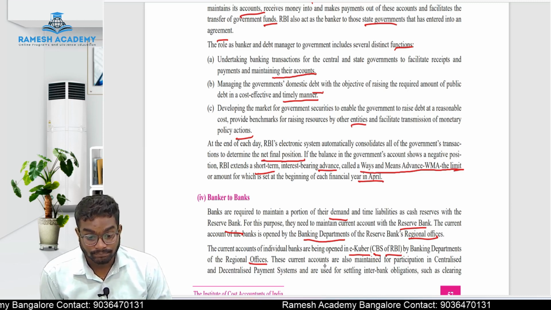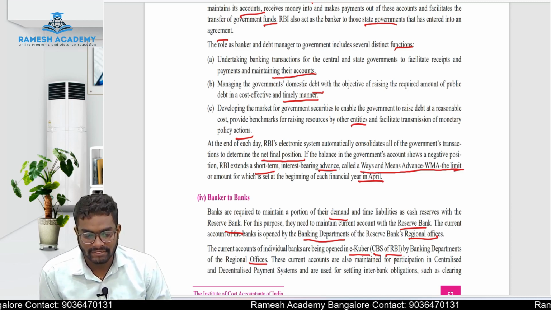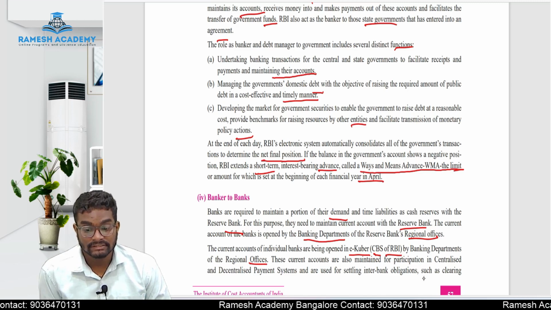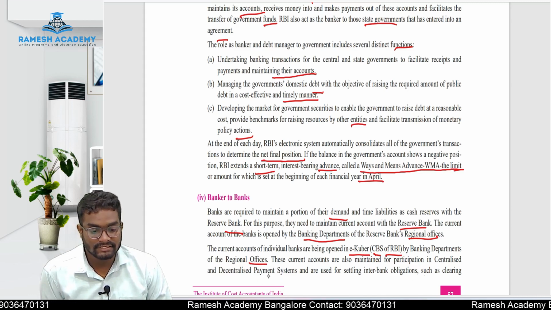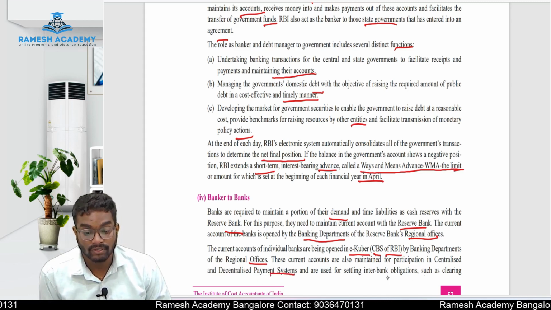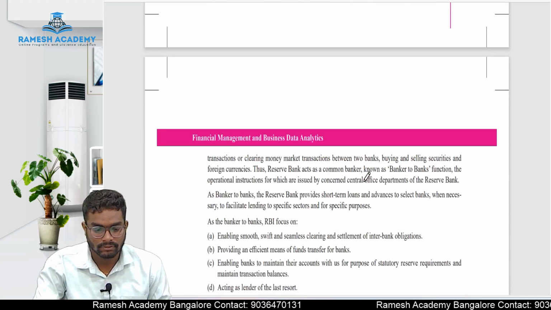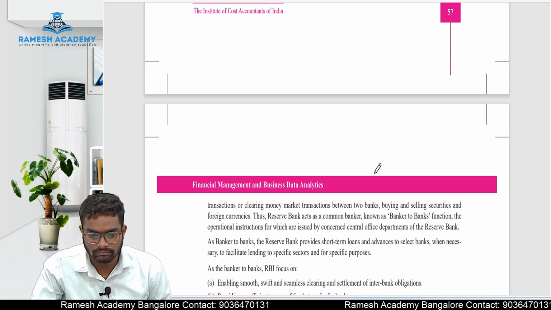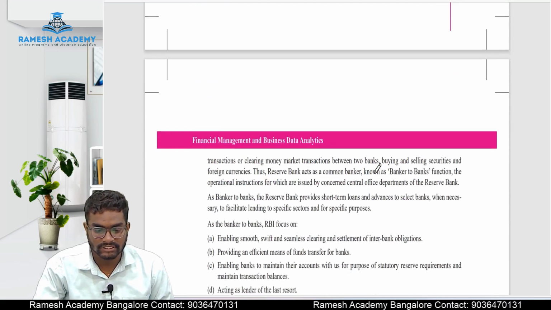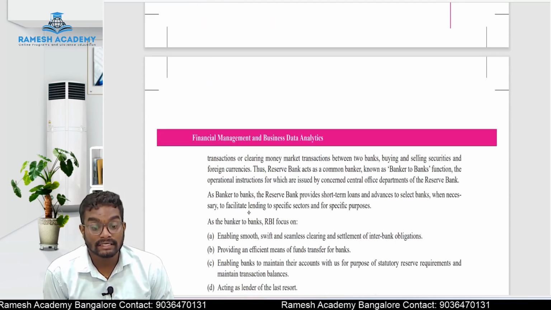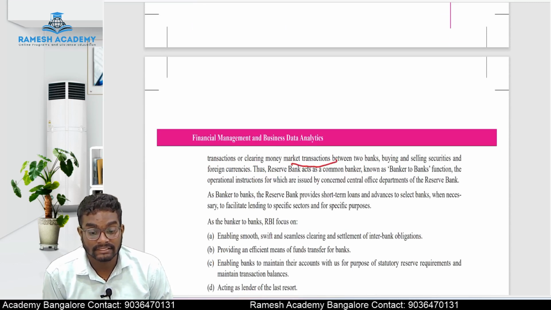These current accounts are also maintained for participation in the centralized and decentralized payment systems and are used for settling interbank obligations such as clearing transactions or clearing money market transactions between two banks.